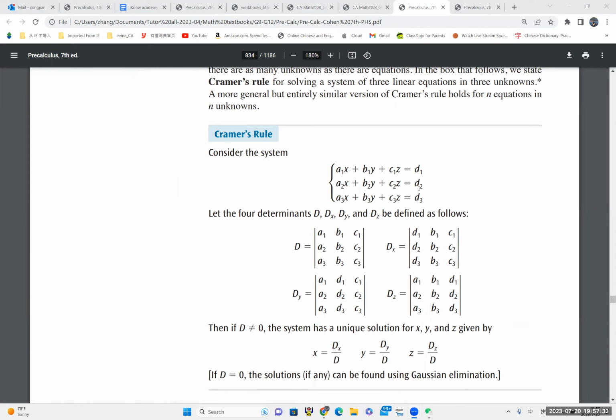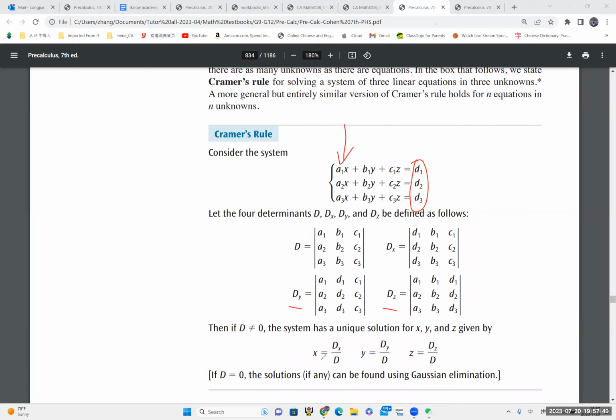Dx means you replace the column for x with this. Anyway, it's called Dx. Then similar for Dy, Dz.